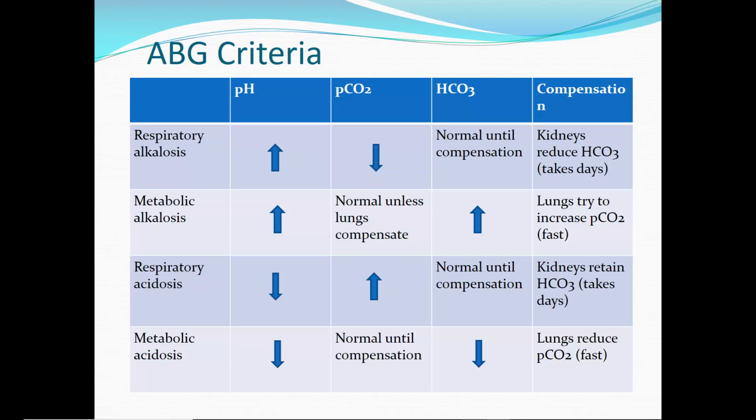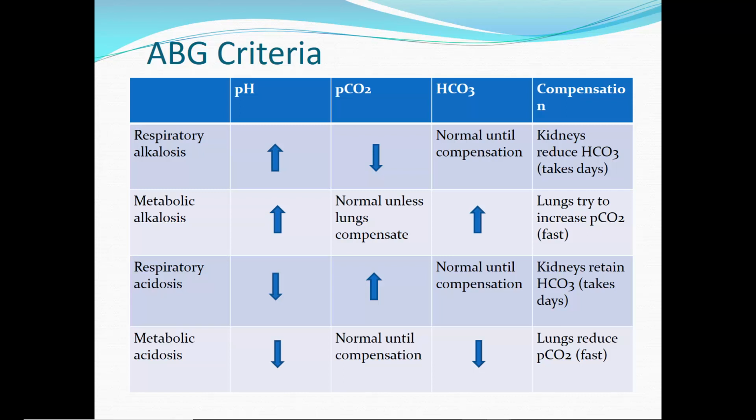So note how the pH corresponds to either the PCO2 or the HCO3. The pH and PCO2 move in opposite directions for respiratory alkalosis or respiratory acidosis, and the pH and bicarb, or HCO3, move together in the same direction for metabolic alkalosis or metabolic acidosis. This can be remembered by the acronym ROME, R-O-M-E, which means respiratory opposite metabolic equal.